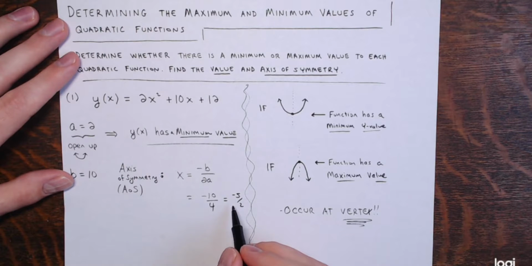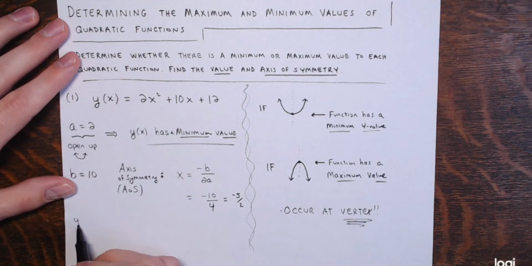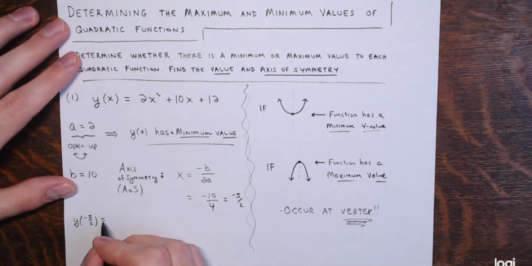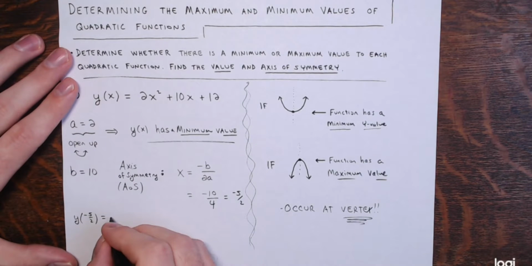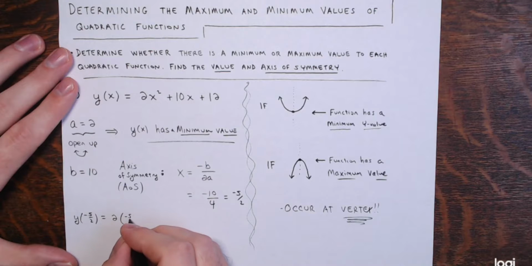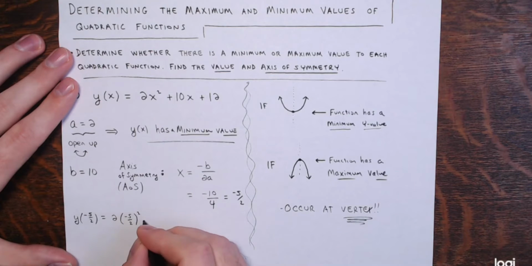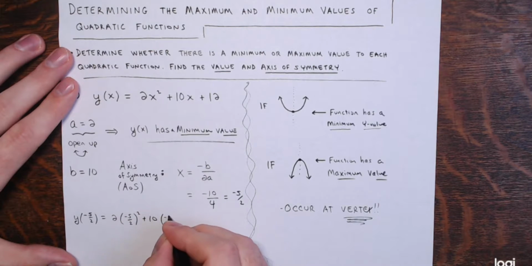Then the y-coordinate of the vertex is just plugging this in. So what's y of negative 5 halves? We get 2 times negative 5 halves squared plus 10 times negative 5 halves, and then plus 12.